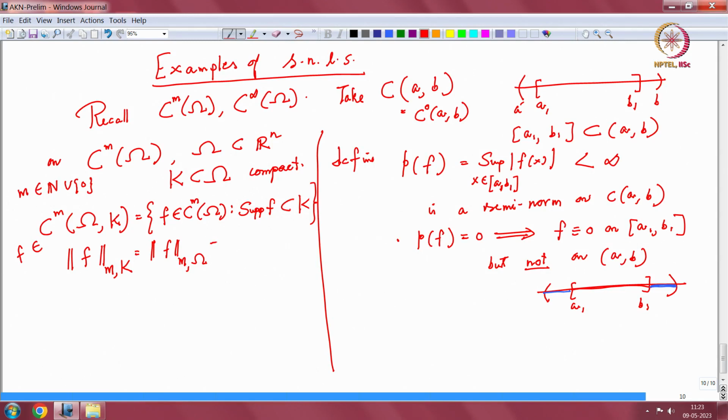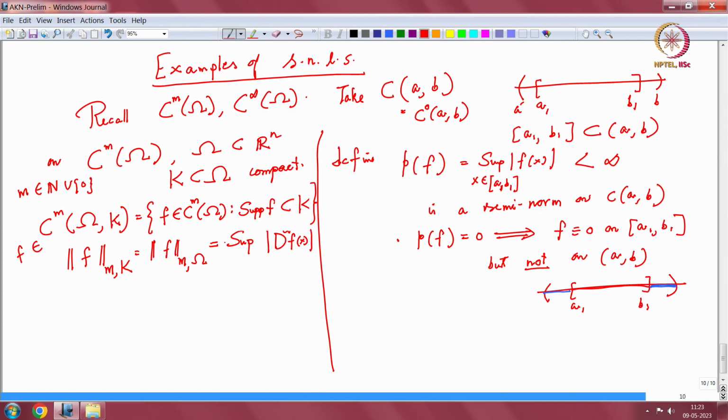So, you can define it two ways: either you sum over all the derivatives or you take the supremum. Both are equivalent.